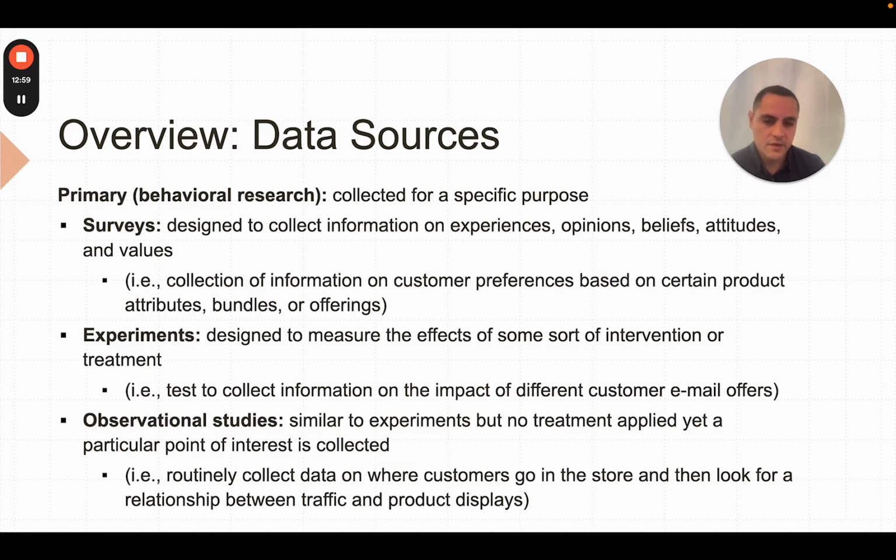An example there is we might look at customers and maybe where they go in the store, what product displays are more popular, where in store people are going. That might give us some insights on what their preferences are, what is effective, and so on in terms of displays and product offerings. So those are the three main types.